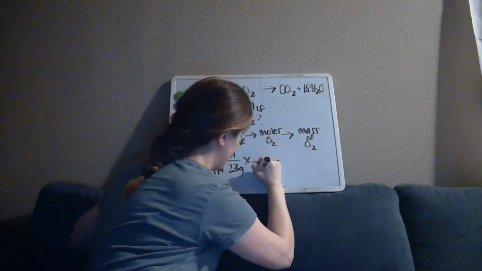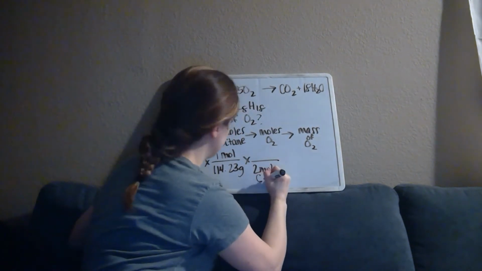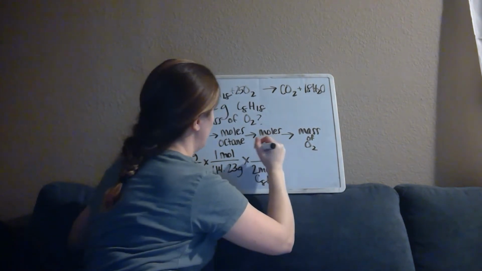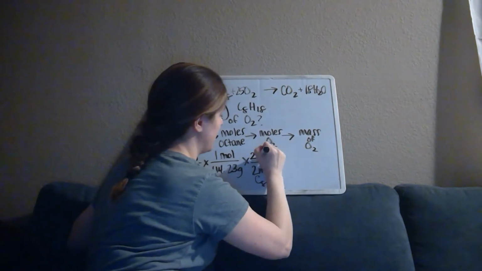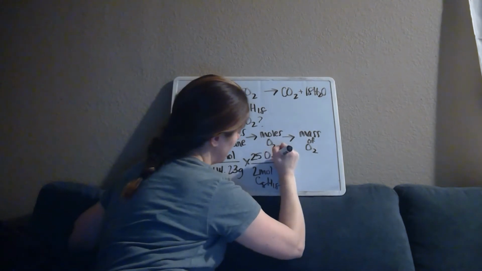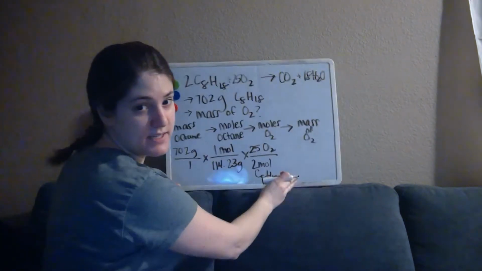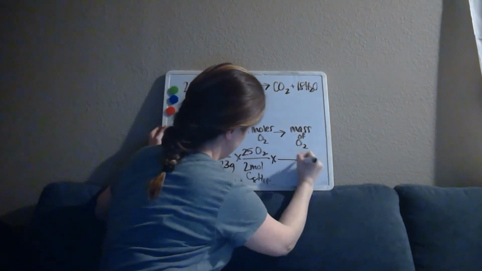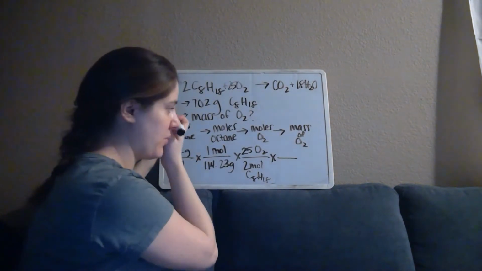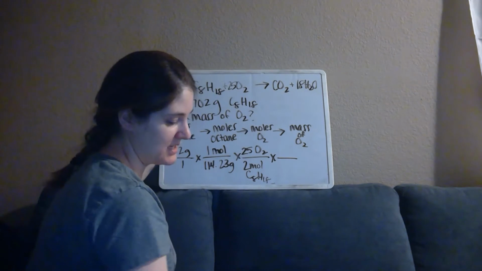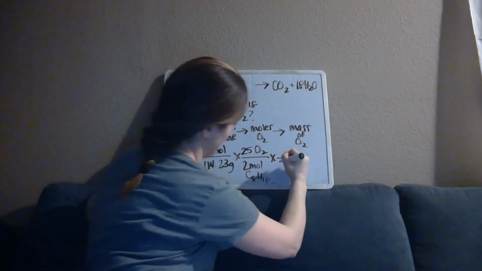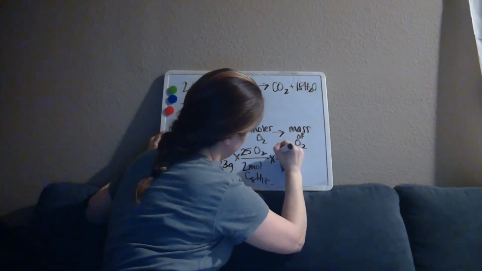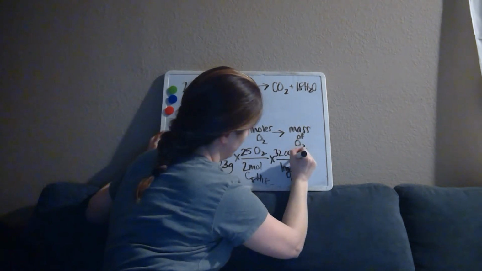So that's the mole of octane, and now we need to relate octane to oxygen. So for every 2 moles of C8H18 or octane, we would also need, not generate, we would need 25 moles of oxygen. Now, we would then use the molecular weight of molecular oxygen to get to the grams there. So then 1 mole of O2 is equal to 32.00 grams.